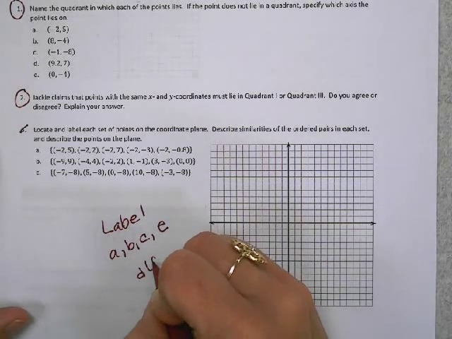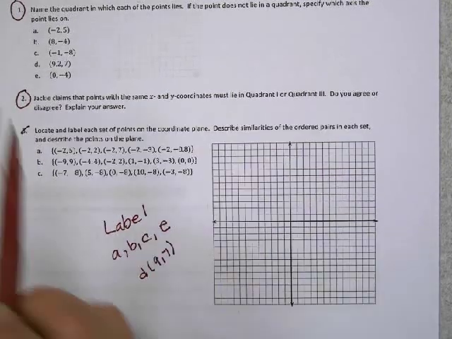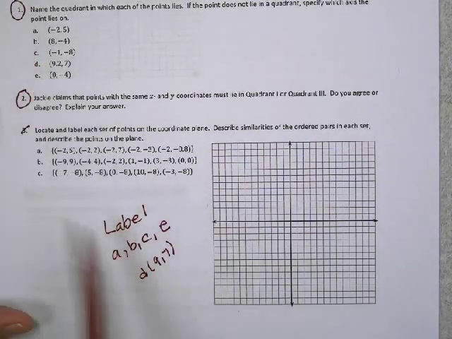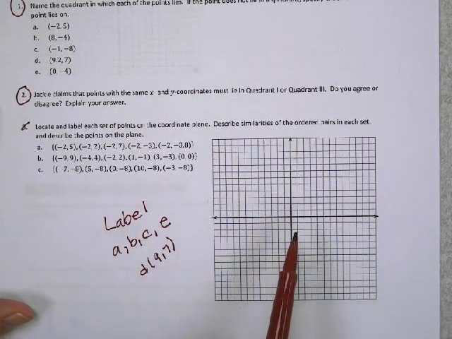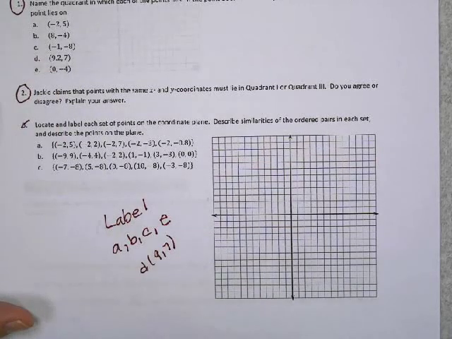Let's do D as 9, 7 rather than 9 2/10, 7. So again, I'm going to have you label A, B, C, and E on this coordinate plane, and then D, label it as 9, 7. So that way you're not worried about the decimal.